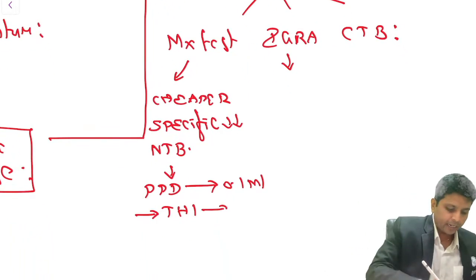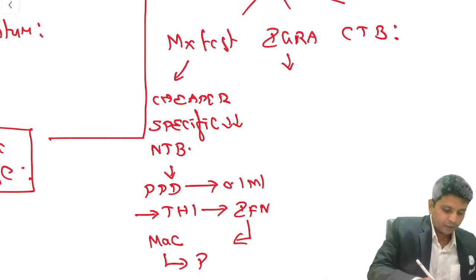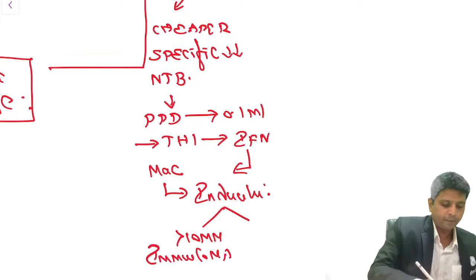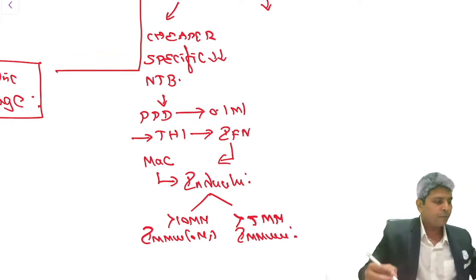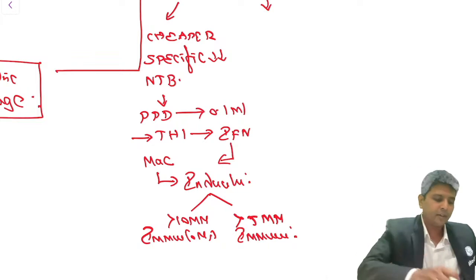This Th1 in turn will secrete interferon gamma, and this interferon gamma will attract the macrophage, and macrophage will produce an induration. If the induration is more than 10 millimeter in case of immunocompetent, and more than 5 millimeter in case of immunocompromised, then it is called positive Manto. Positive Manto just indicates that the child is infected. It doesn't confirm the disease.